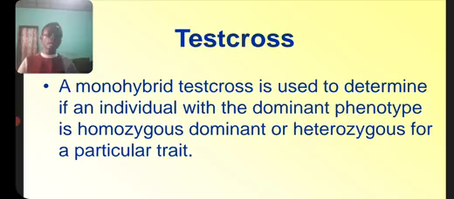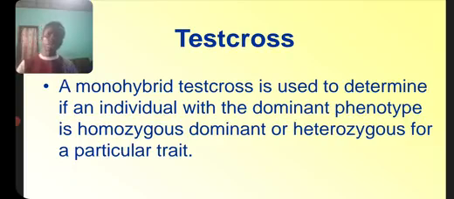Here we're trying to figure out whether the individual appearing to be a tall plant is homozygous dominant, having two dominant alleles for height, or heterozygous, having one dominant allele for height and one recessive allele for height combined together.